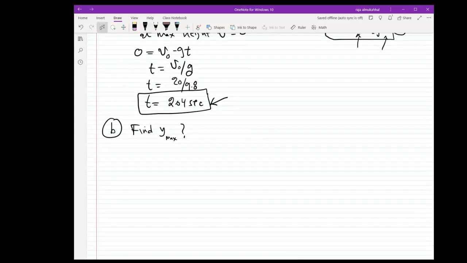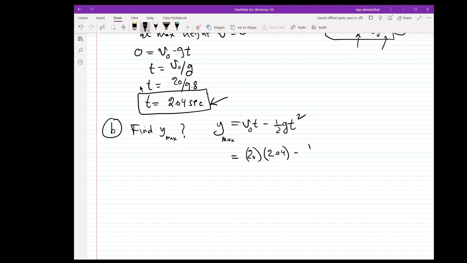So I have here, again, always write down the equation first. So y equals v naught t minus 1/2 gt squared. And the maximum height would be v naught is 20 times t, which is 2.04, minus 1/2 times g, which is 9.8, times 2.04 quantity squared.